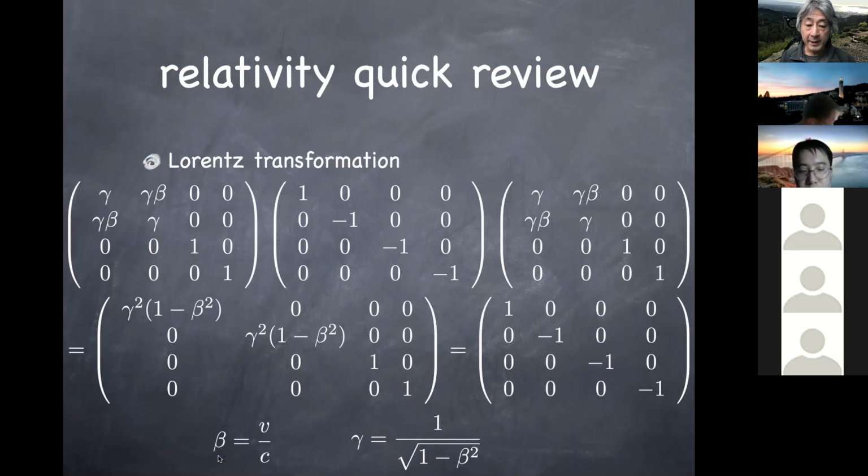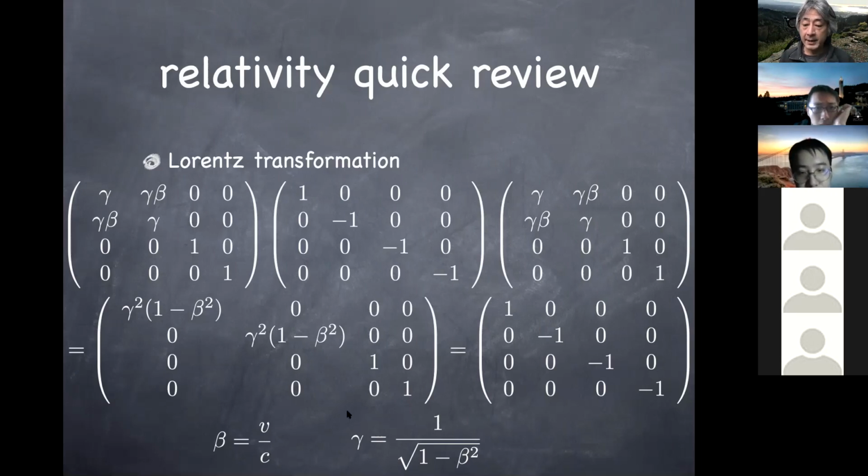When you define this quantity called gamma, which is 1 over the square root of 1 minus beta squared, and you put this gamma and beta into this matrix, that is a well-defined Lorentz transformation going from one reference frame to another reference frame, which has the relative velocity given by this velocity v.